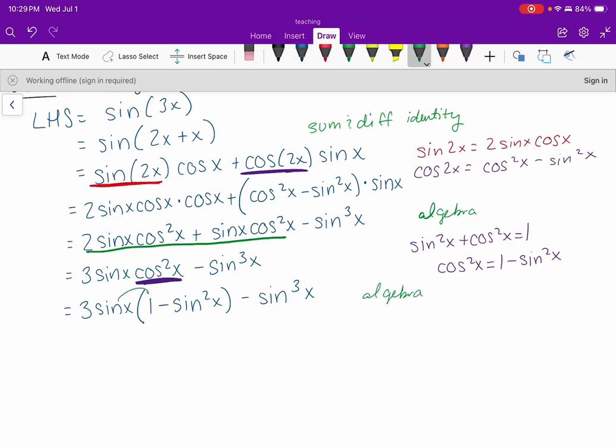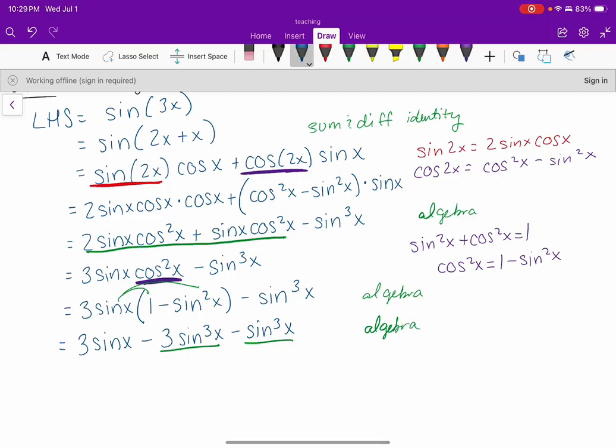Now I can distribute this 3 sine x. So that'll give me 3 sine x minus 3 sine cubed x minus sine cubed x. These are like terms, so I can do some algebra and combine those like terms, which will give me 3 sine x minus 4 sine cubed x.